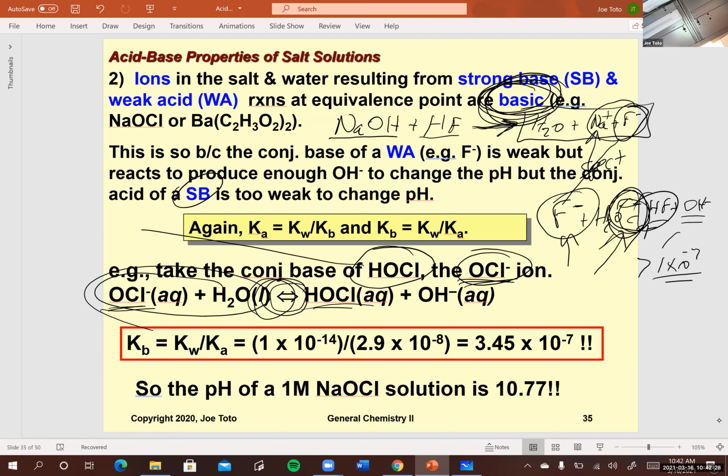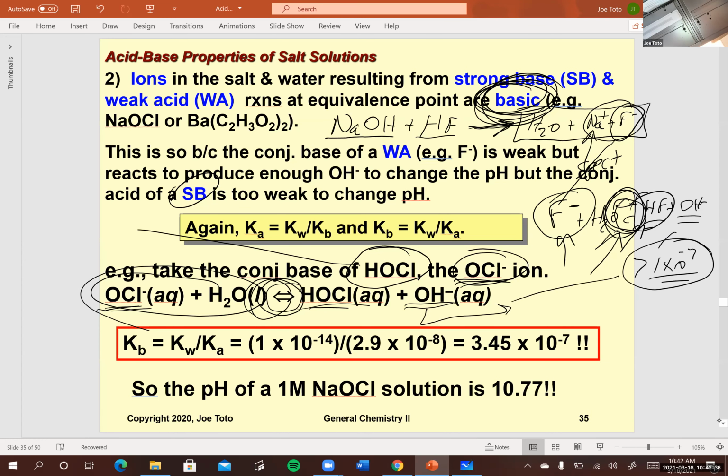And so it will produce a little bit of hydroxide, and that's all we need. We just need a little bit. Whereas these spectators won't produce any, none. But these guys, when they're conjugates of weak acids, they engage in an equilibrium, and that equilibrium is usually enough to change the pH.